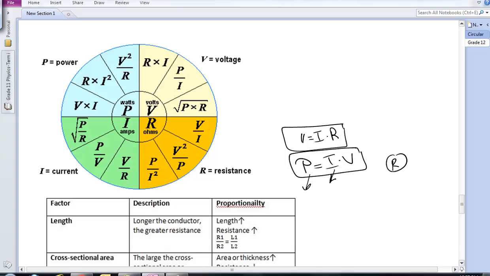So basically you will use both laws. You will find the voltage, and then you will find V over I to get the resistance. A lot of times we use the combination of the power law and the voltage law. The power is measured in watt.